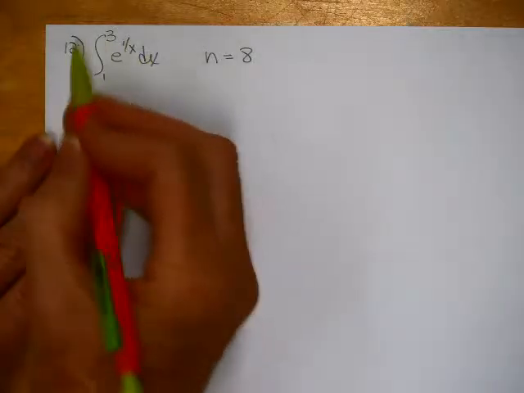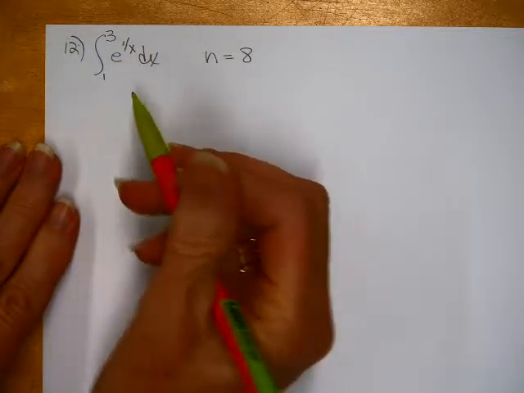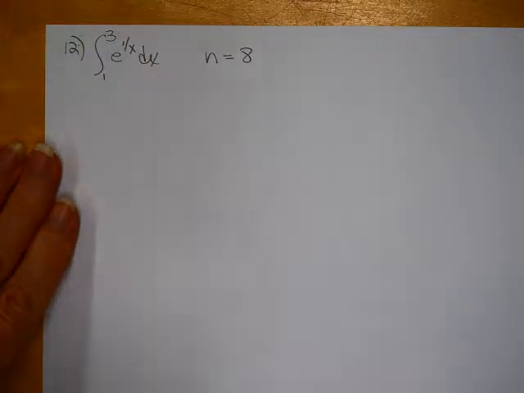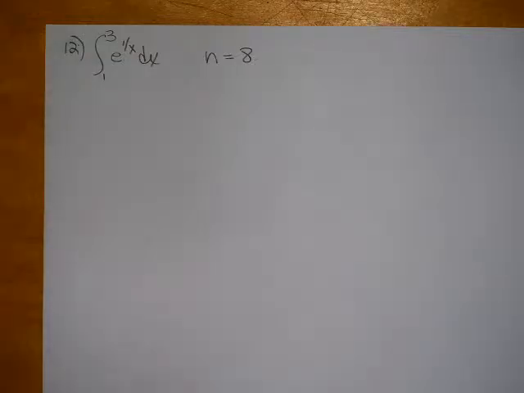Alrighty. Now this just happens to be one of those integrals. If you stuck it in your calculator, it cannot give you an exact answer. I actually did stick it in my calculator to see if it would give me an exact answer, and it did not.